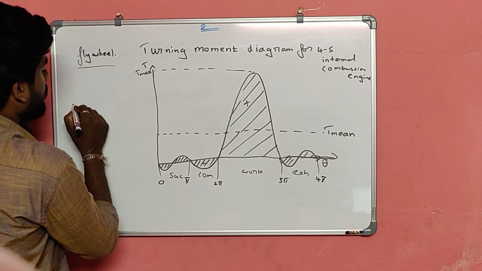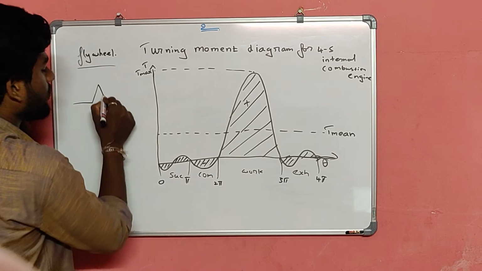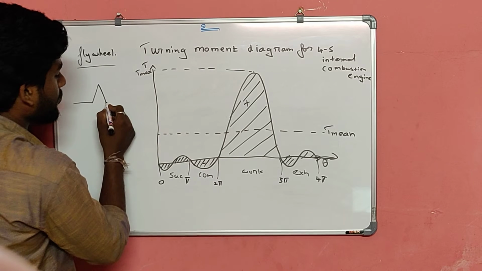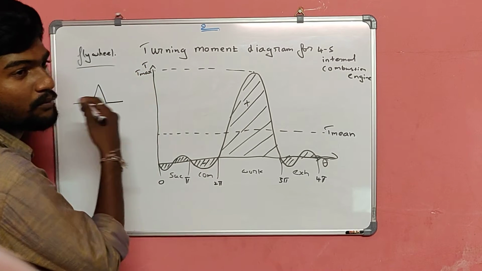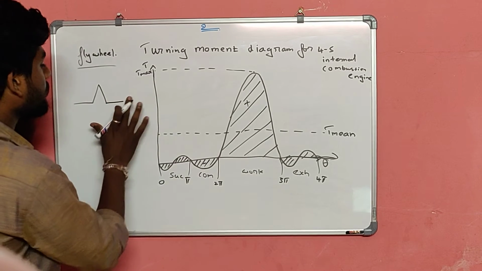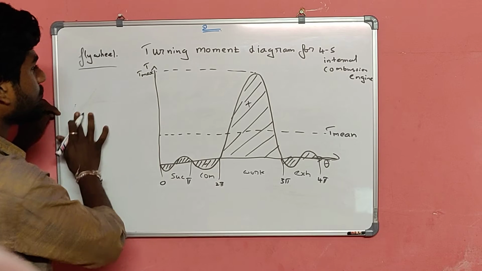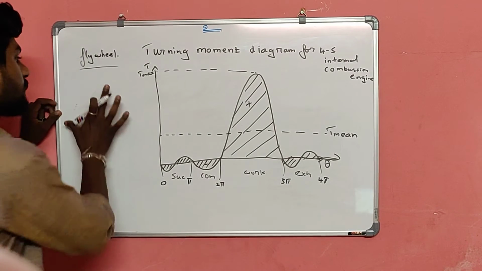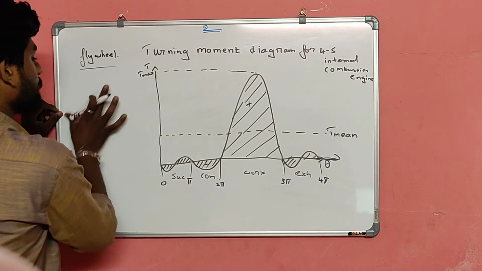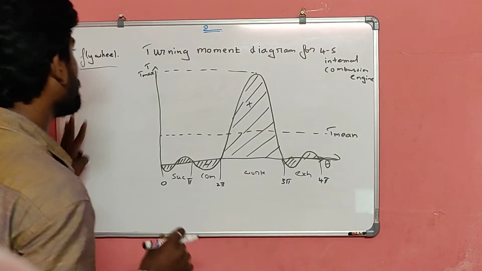Maybe we will have power output only once, and for the remaining strokes we will have to give the power. To provide a constant power, to avoid the fluctuation of energy, to provide an average energy throughout the cycle, we will use a flywheel.